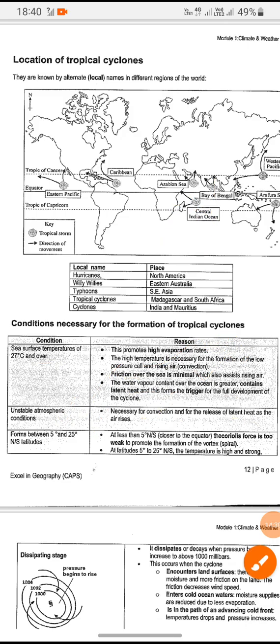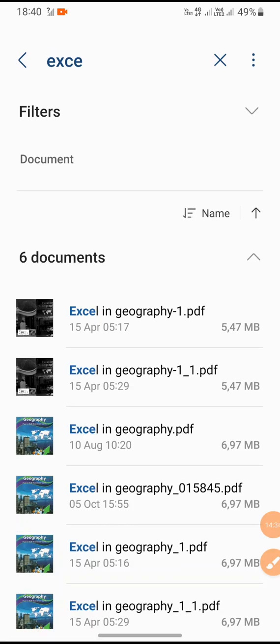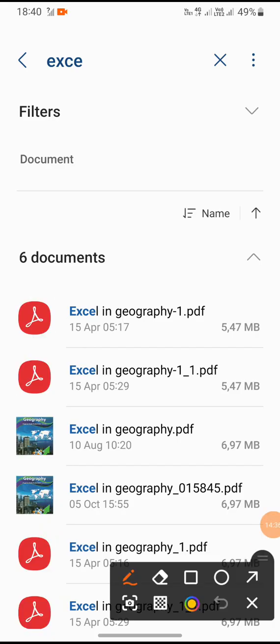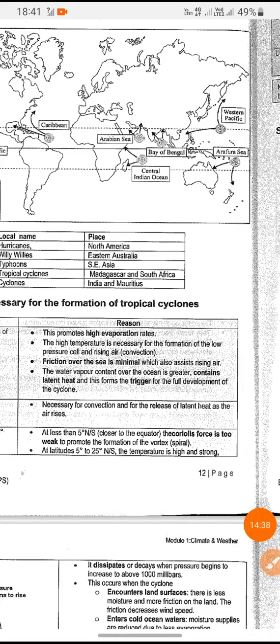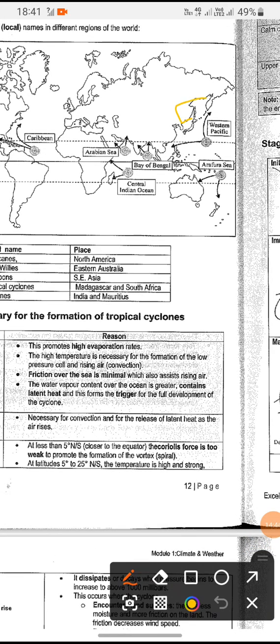So this is your 5 degrees and 25 degrees latitude.